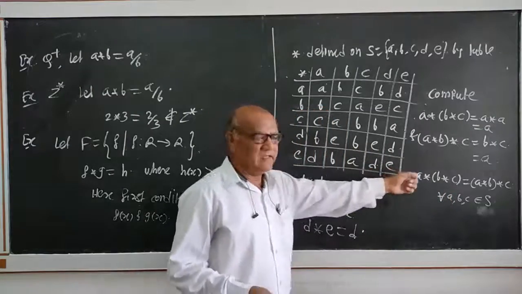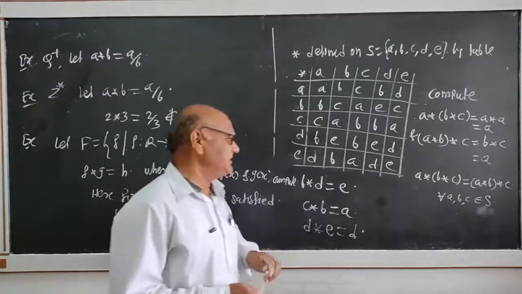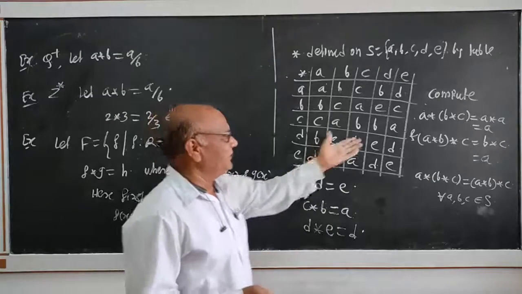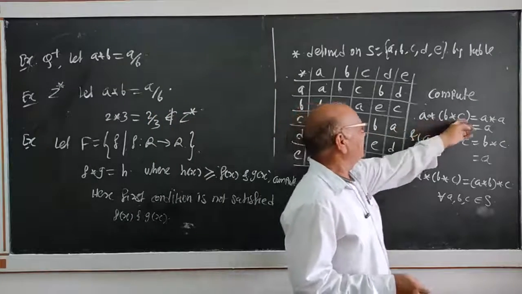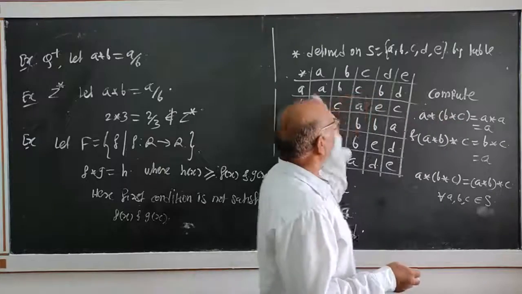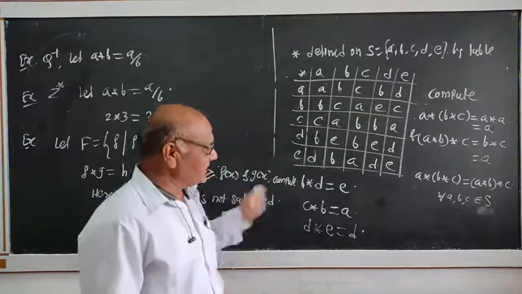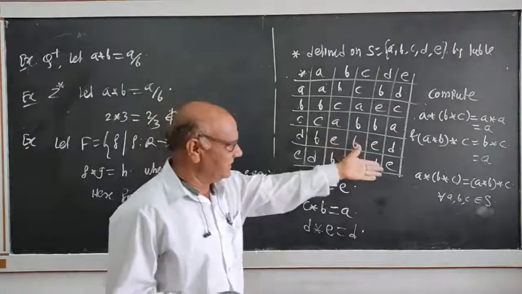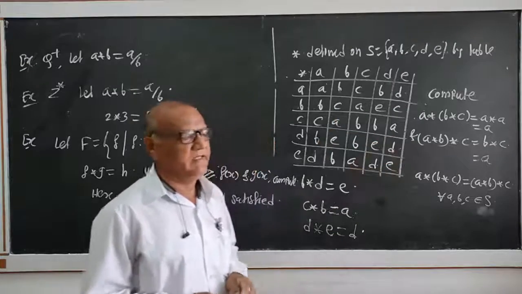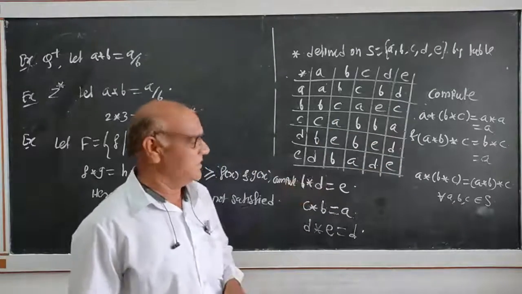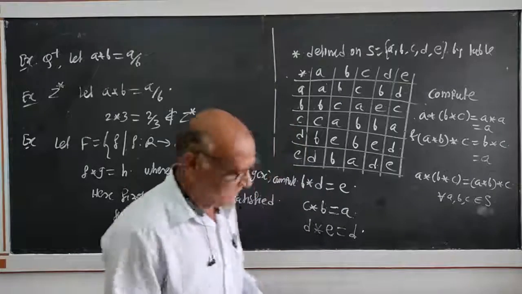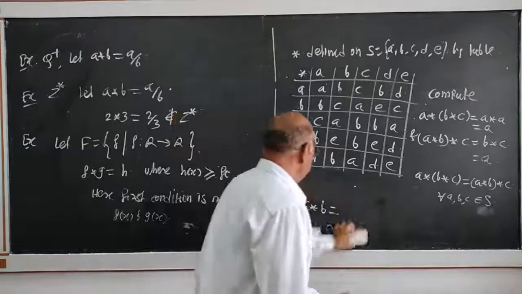Then we say that this star operation is associative. Here it is only for this triple A, B, C, but if the remaining triples also satisfy this condition, then we say it is associative.